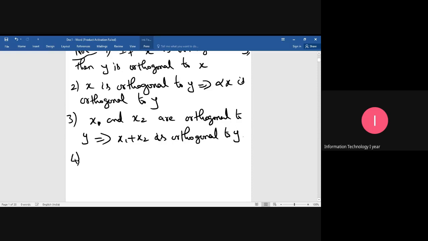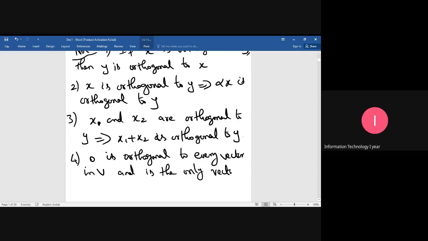Fourth note says 0 is orthogonal to every vector in V and is the only vector with this property.